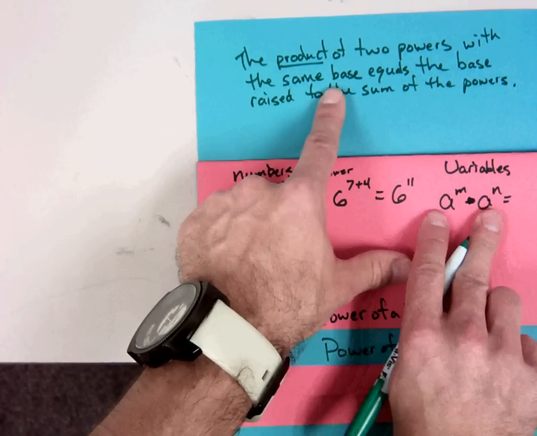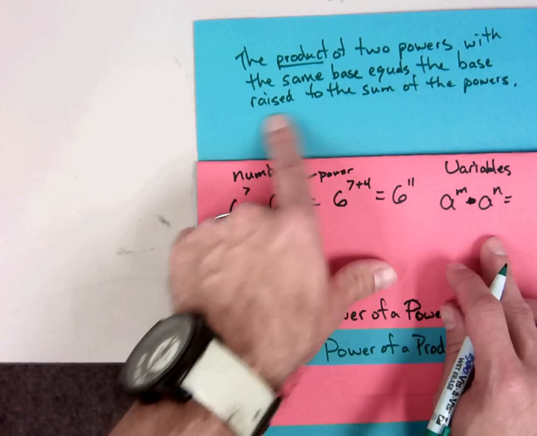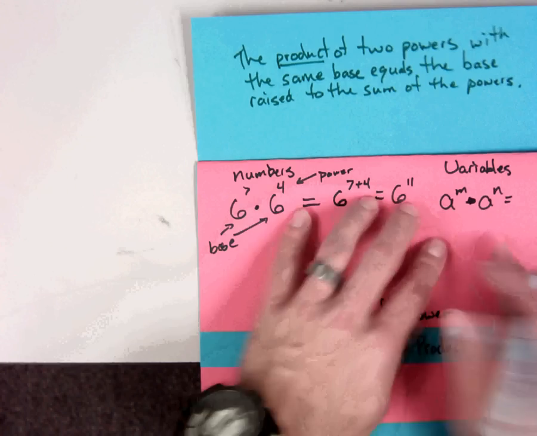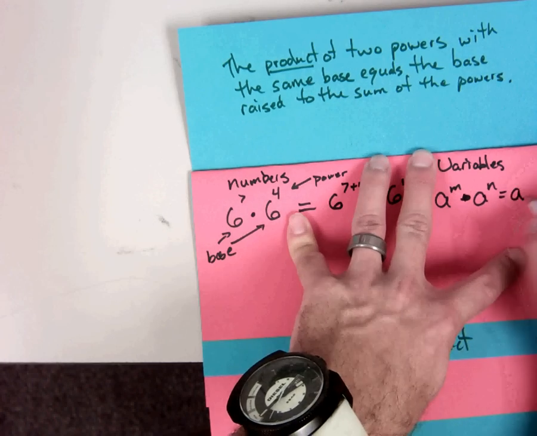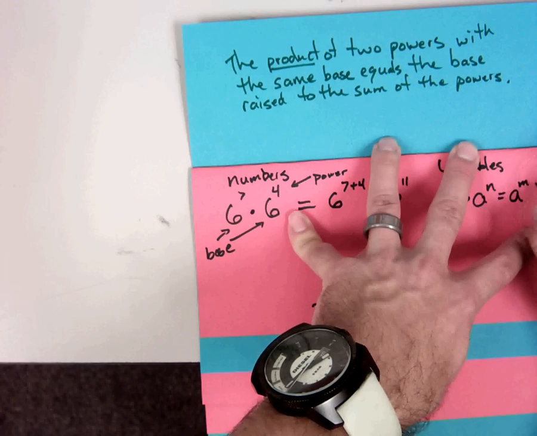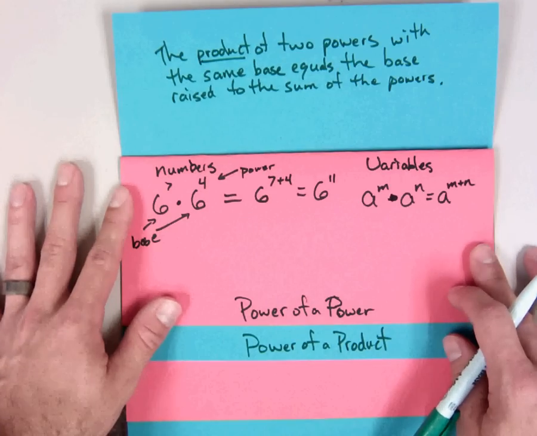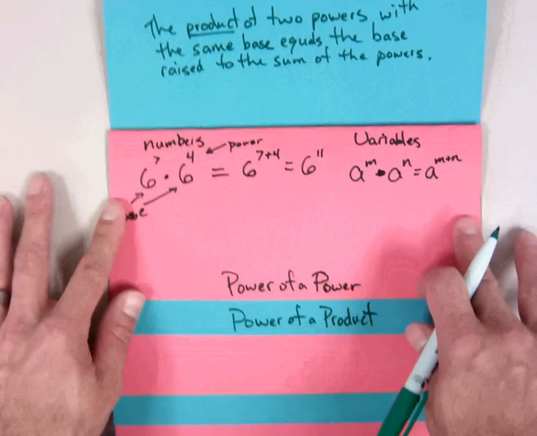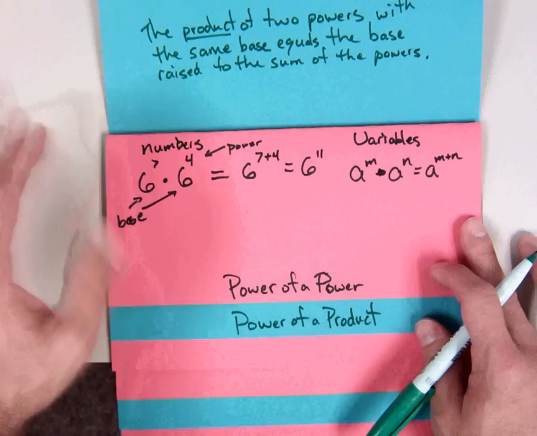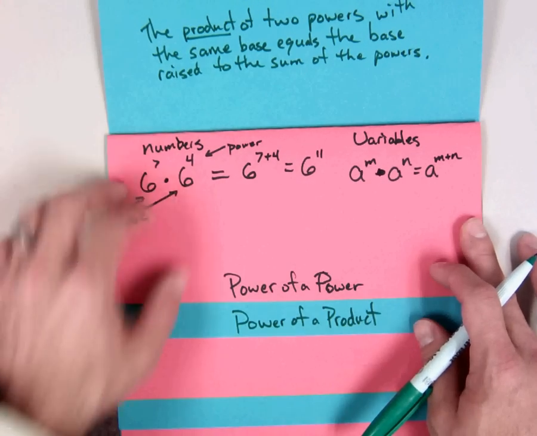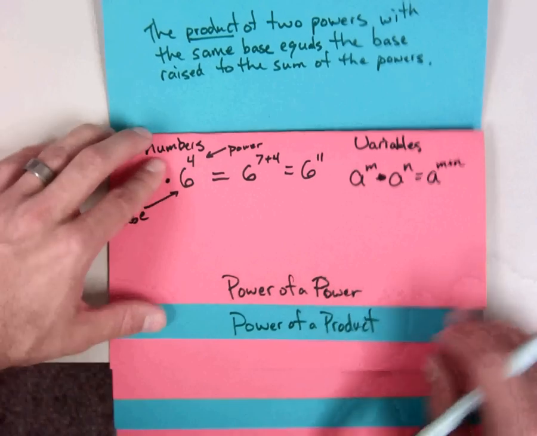Our base is both a. The base is equal to the base raised to the sum of the powers. So we're going to take that base a. We're going to find the sum of the powers. Okay? All right, and that's really the gist of the product of powers property. We're going to apply this tomorrow.